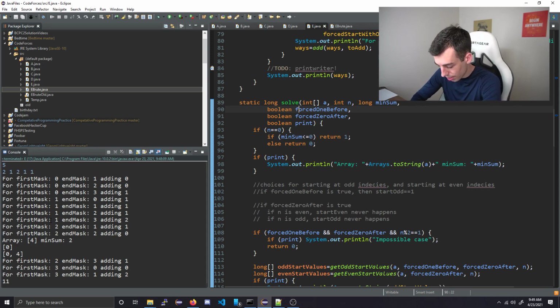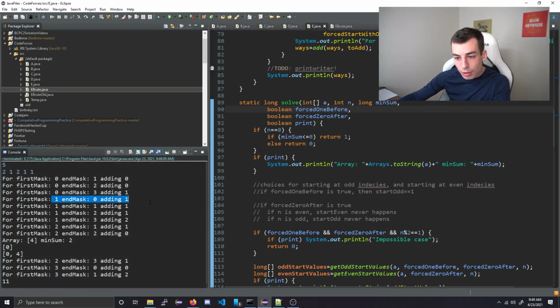0, 0. End mask is 1, 0. Let's only worry about the things we get stuff for, like we decided earlier. Okay, 0, 0, 1, 1. This gives us 1. 1, 0, blank, 0, 0.